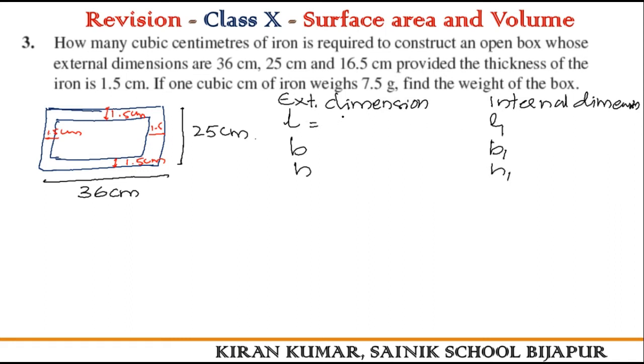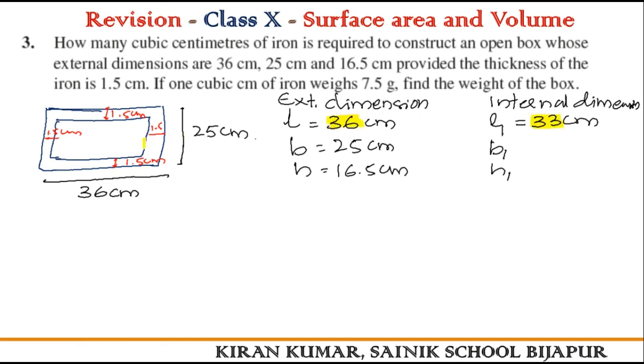The length of the external dimension is 36 centimeter, breadth is 25 centimeter, height is 16.5 centimeter. Now for the internal dimension, we need to subtract 1.5 from both the ends. That is 3 centimeter has to be decreased, so it becomes 33 centimeter. Hope I have made it very clear why this 36 has become 33.